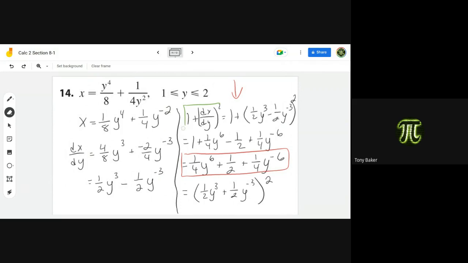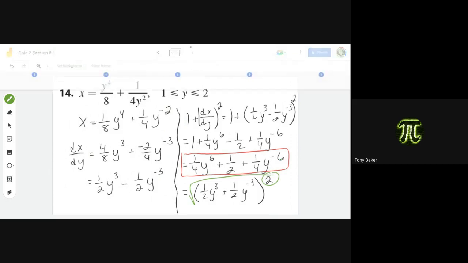All right, but yeah, everything on this side is in essence underneath that square root. And so if this is all under the square root, the square and the root are going to cancel each other out.